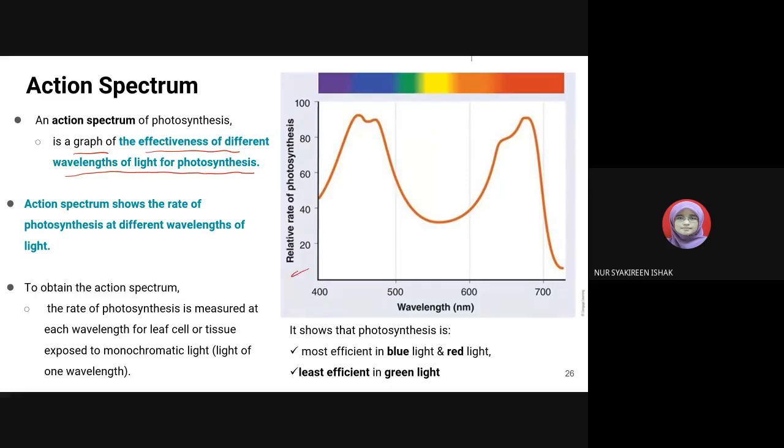To get this graph, you measure the rate of photosynthesis, such as, for example, the release of oxygen. As you know, oxygen is the byproduct of photosynthesis. You can also measure the growth rate of plant.